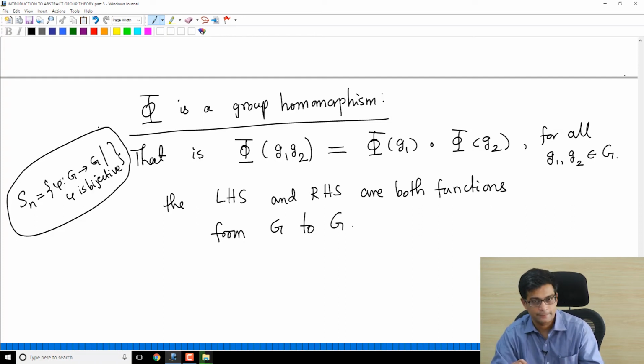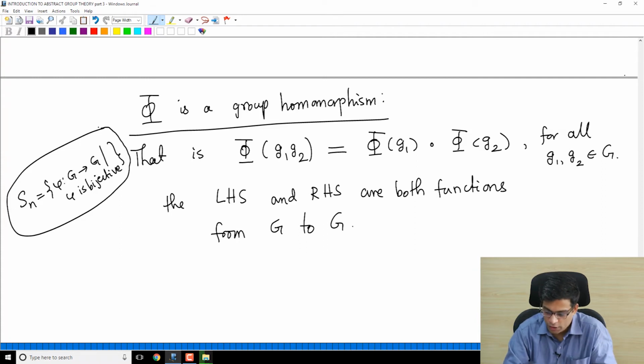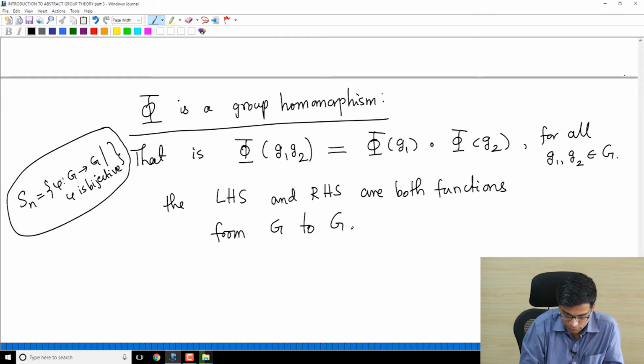So this is valid. And now LHS and RHS in this equation are both functions from G to G. So in order to be equal, we are saying that these two functions are equal.